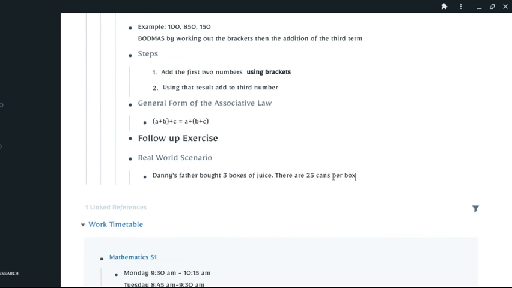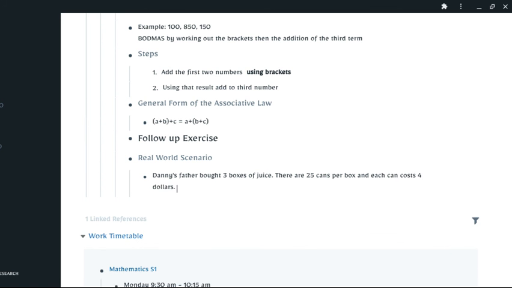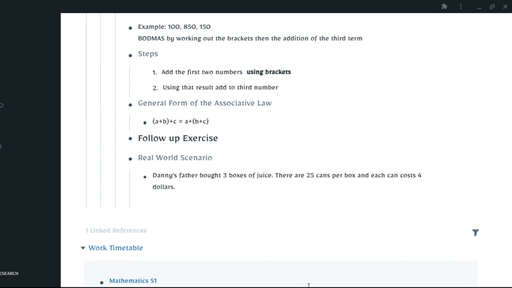So Danny's father bought 3 boxes of juice. There are 25 cans per box, and each can costs $4. How much did his father pay in total, using the associative law?